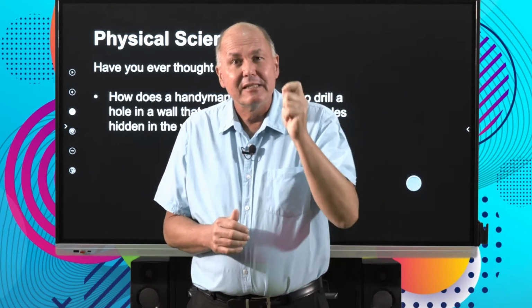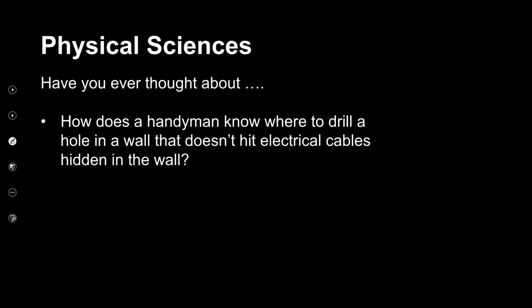So how does the DIY person know where to drill a hole? How does the handyman know where to drill a hole in the wall that doesn't hit an electrical cable that's hidden in the wall?